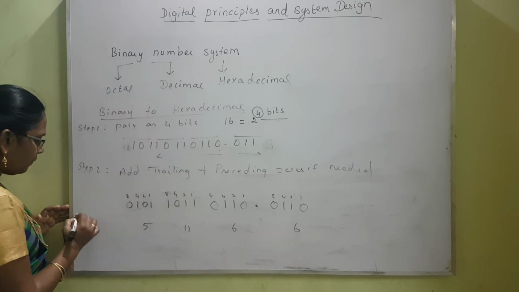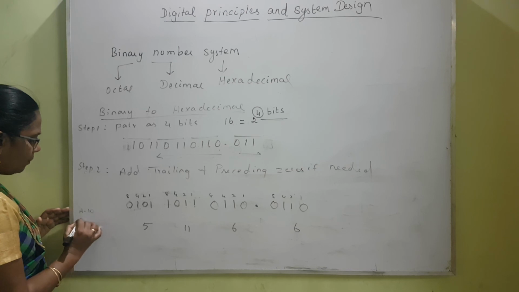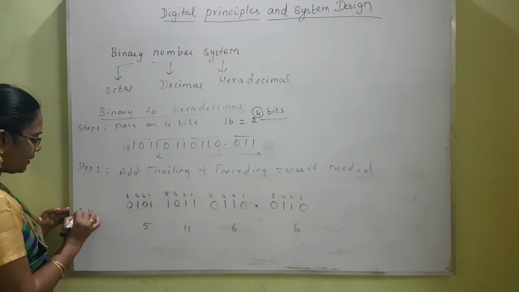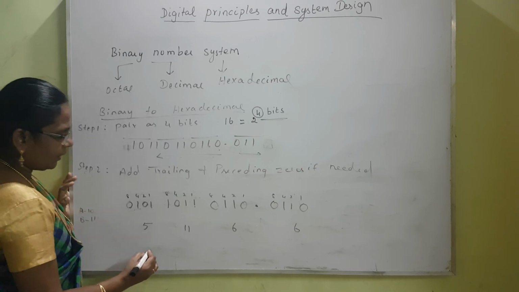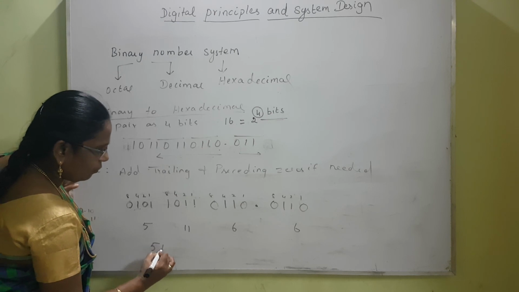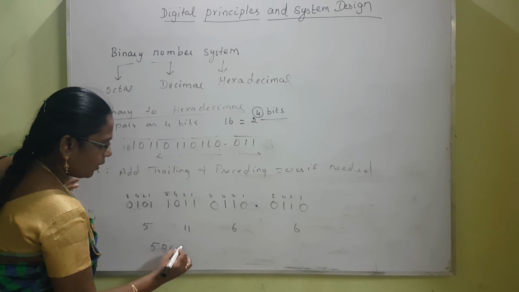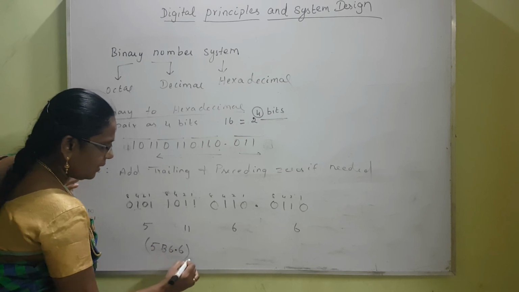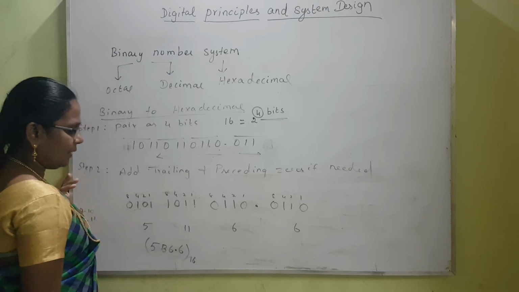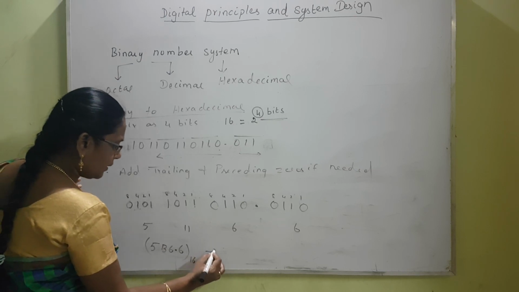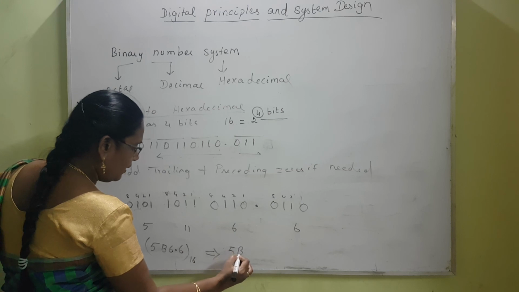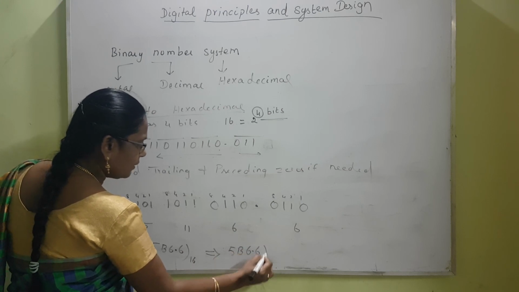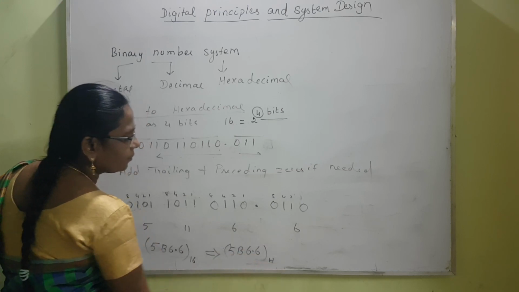What is 11? A is 10 and B is 11. So we have 5B6.6 to the base hexadecimal 16. Or you can represent it as 5B6.6 hexa.